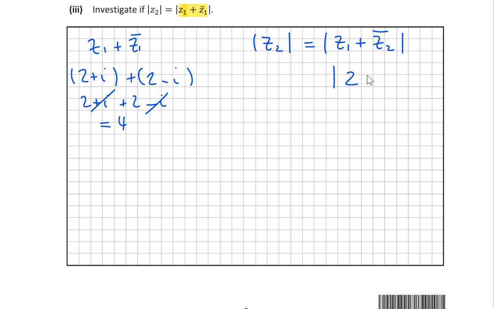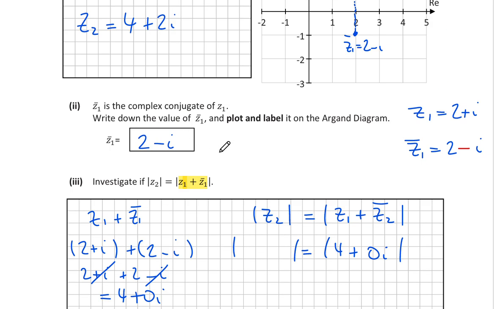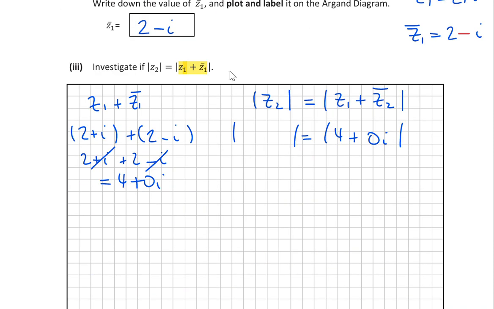We know over here that's just going to be 4 plus 0i. This is a bit of a messy one here. 4 plus 0i, and this one on the left here, the modulus of Z2. Z2 is 4 plus 2i.